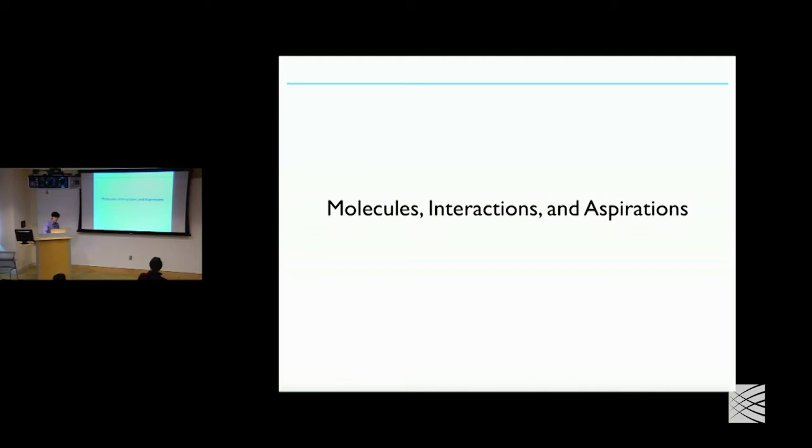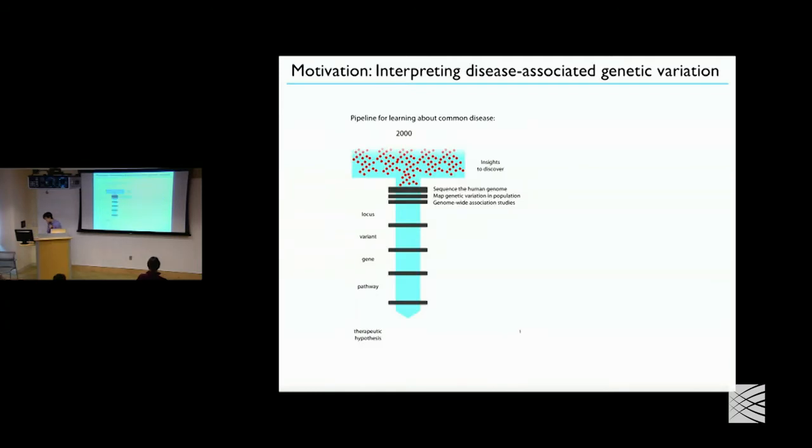And before I get into exactly what I mean by that, I'd like to start with the motivation for why we'd like to understand molecular processes of the cell. This is just one particular motivation that stems from the last few decades of medical genetics, of which the goal has been to understand the molecular basis of disease.